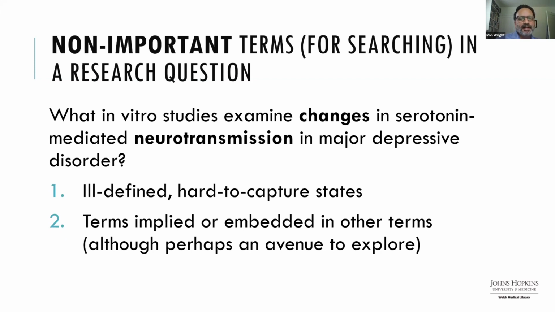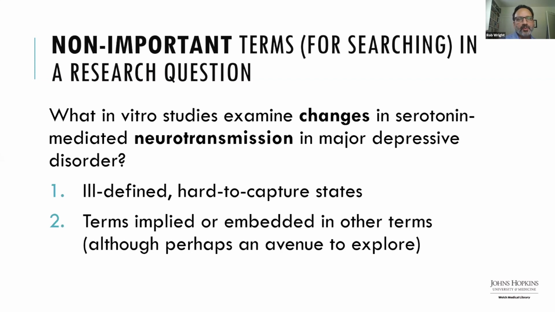What I'll highlight here as non-important terms from your research question include the words changes and neurotransmission. So the research question is important for other reasons. It is important to say that you're interested in what changes you're observing. It might also be important to stress that you're interested in neurotransmission, but these are not essential elements for the search.